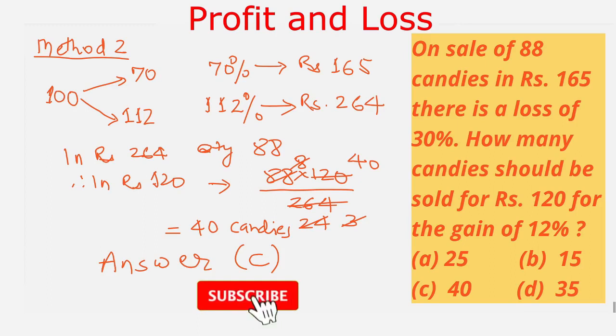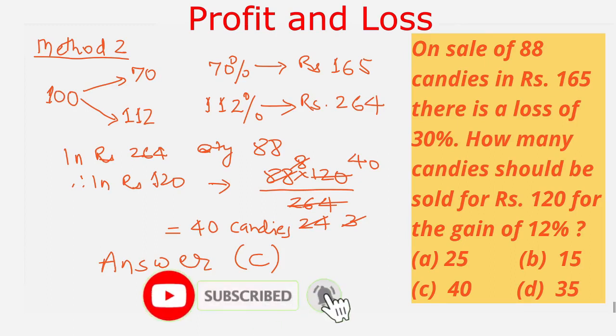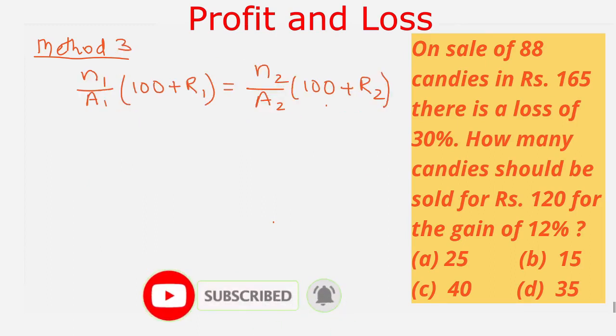Now we solve this question by shortcut formula method. Our formula is N1 upon A1 into 100 plus R1 equal to N2 upon A2 into 100 plus R2. Here N1 is the number of articles sold in amount A1 and R1 is the profit at which it is sold. It may be loss also.